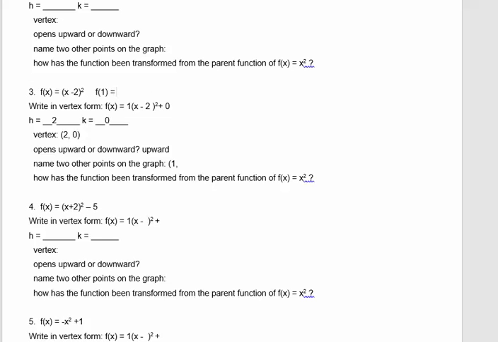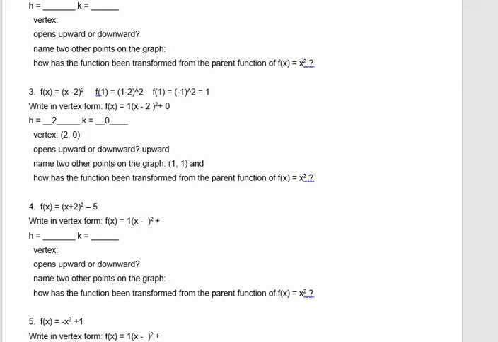I would have 1 minus 2 squared. So that means I would have 1 minus 2 is negative 1 squared, but negative 1 squared is equal to 1. So when x equals 1, y also equals 1.